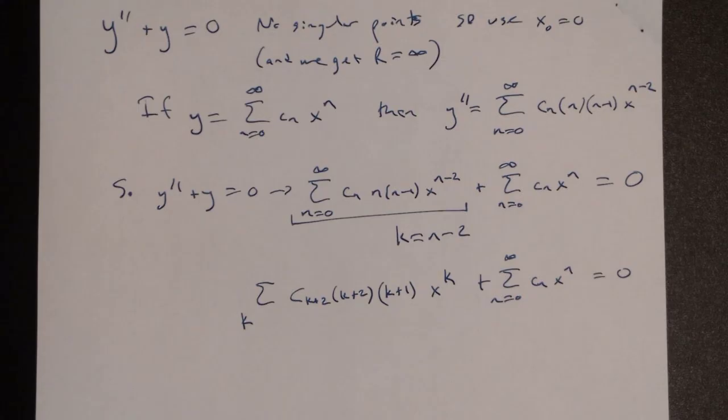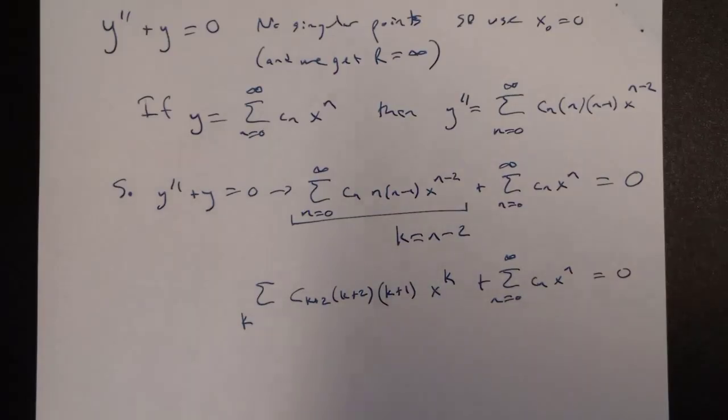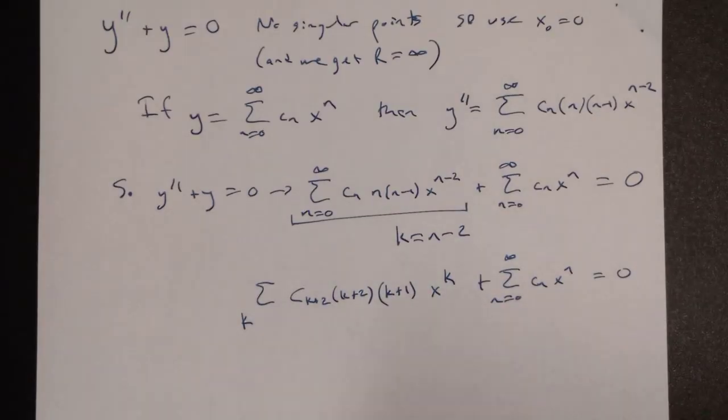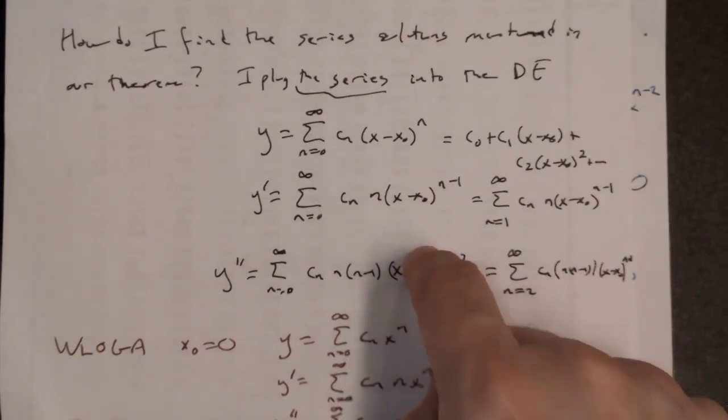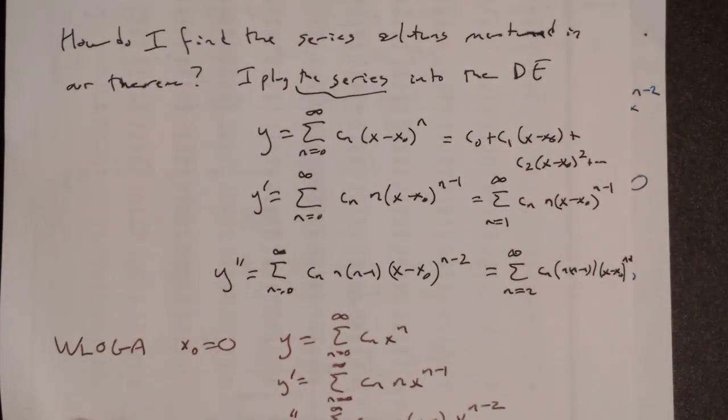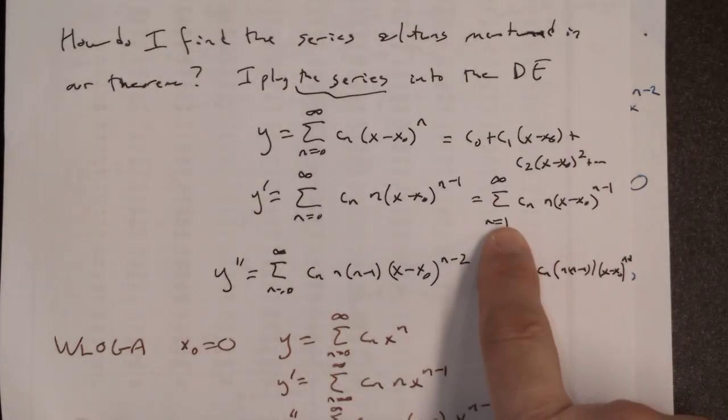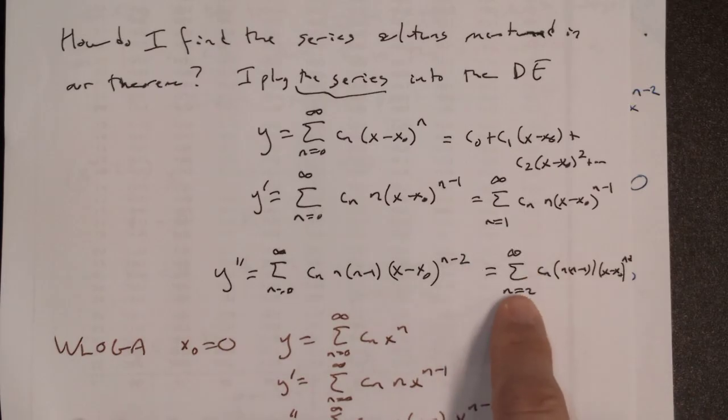Now, I'm looking at this and I realize what I wrote down here does not precisely match what I wrote down earlier. Let me go back and look at the previous y prime and y double prime up here. You'll notice this one starts at 1 for y prime, and this one starts at 2 for y double prime.